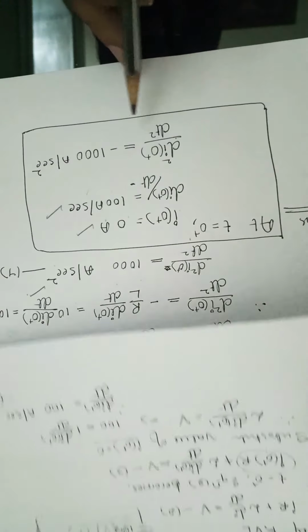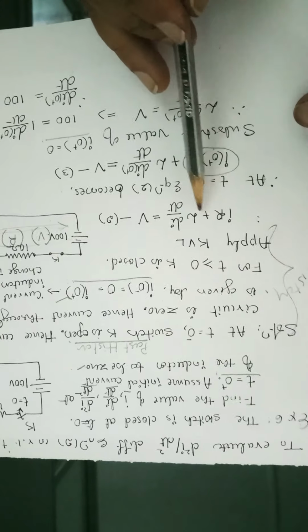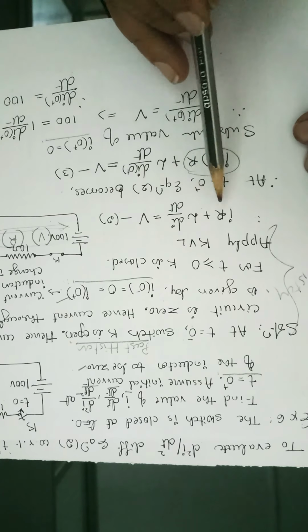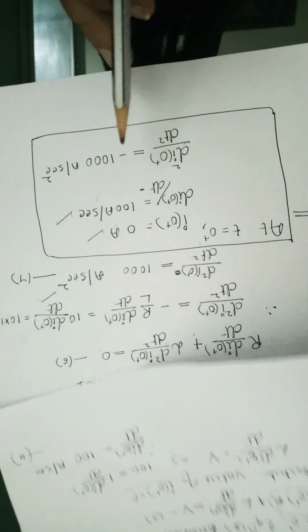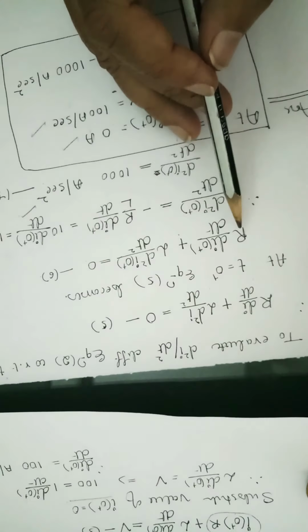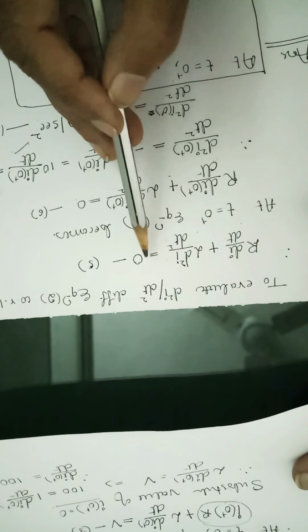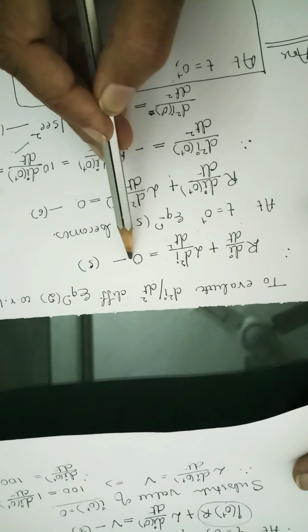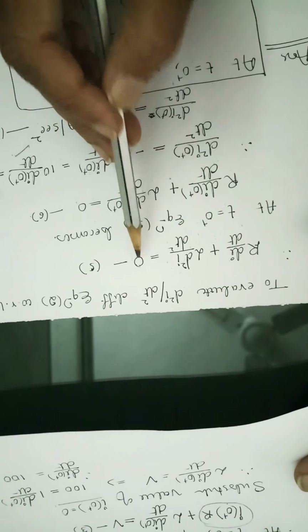Then d²i/dt². Differentiate equation number 2 with respect to t. We will get R di/dt plus L d²i/dt² equal to the derivative of V. V is constant, DC voltage, thus the differentiation of DC voltage is 0.